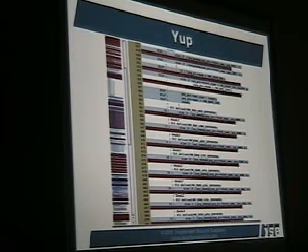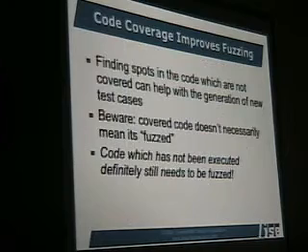So basically, the algorithm is you find spots which weren't covered, and you generate new test cases that cover them. And again, for the 10th time, the thing to take away from this is not necessarily that code coverage will find bugs, but that code that hasn't been covered, you've definitely not tested, and you won't find any bugs in that code.